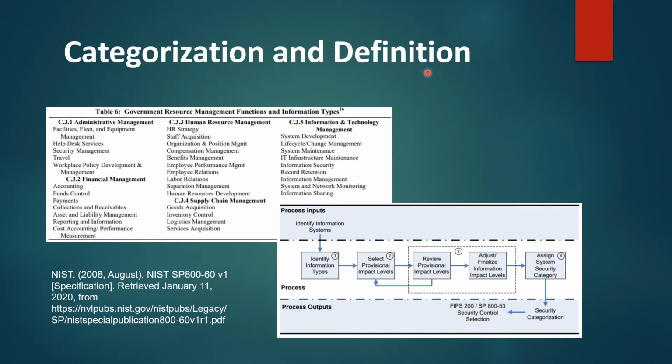Categorization and definition are the basis for DLP control solution, and it must ensure an extensive coverage and an appropriate level of granularity. Here, NIST gave us a suggestion of a function and information type definition and the process to come up with a security categorization. It is used for public sectors in government, but it also can be a reference for business use. One thing to note is that the categorization process should be business-driven and involve all function areas, not IT alone.